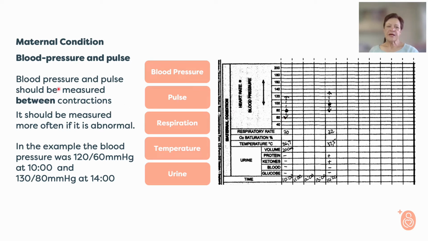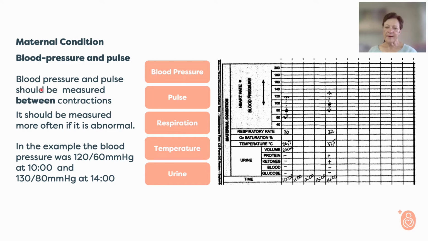Now, the blood pressure and the pulse, as we've said, very important, should be measured between contractions, because during contractions, if you remember the physiological changes that happen in the maternal body during labor, the moment that the uterus contracts, there's a lot of blood in the uterus because there's an increase of blood flow to the uterus. All the blood flow to the uterus is being cut off by the muscle of the uterus the moment that it contracts.